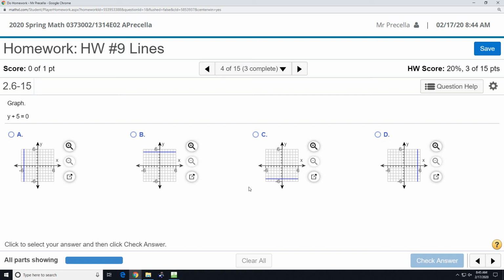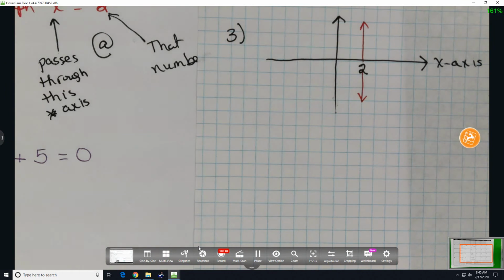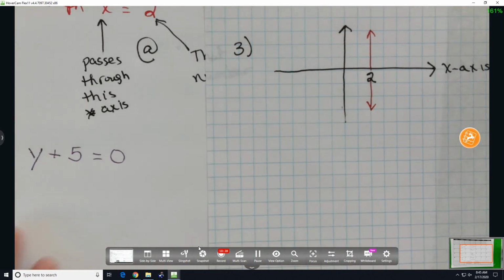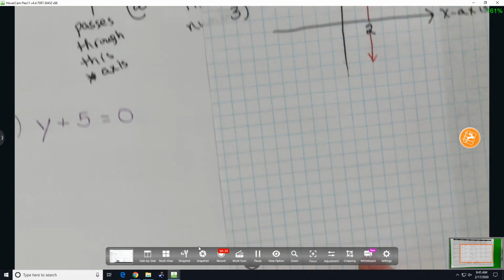There's a little bit that we need to do before. Y plus 5 equals 0. This is problem number 4.